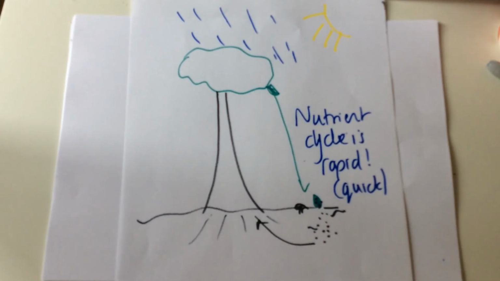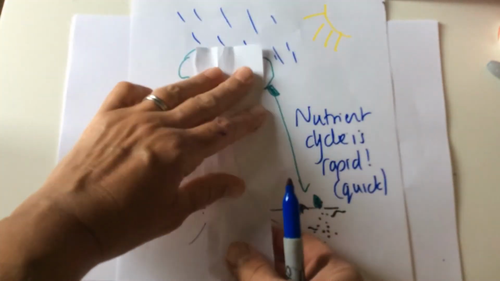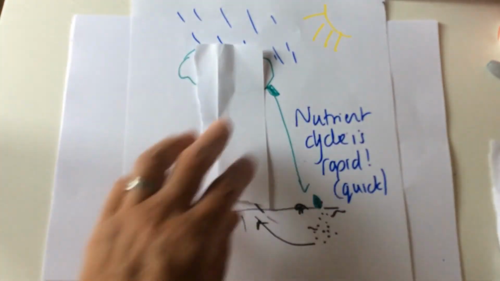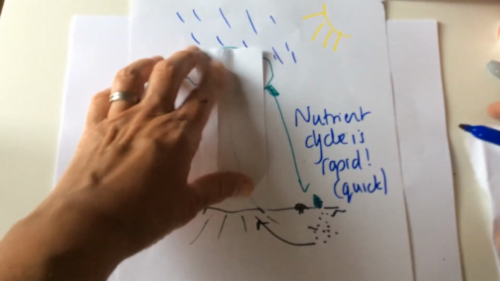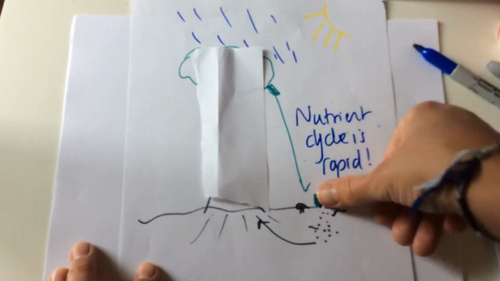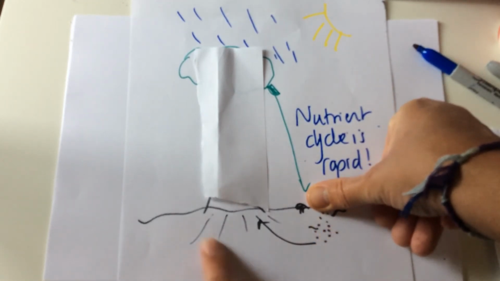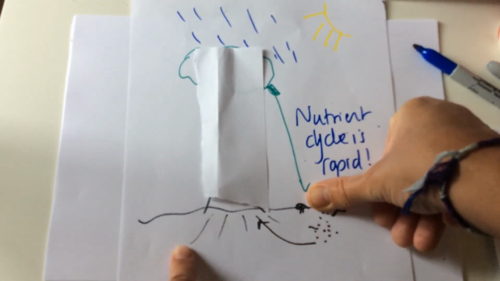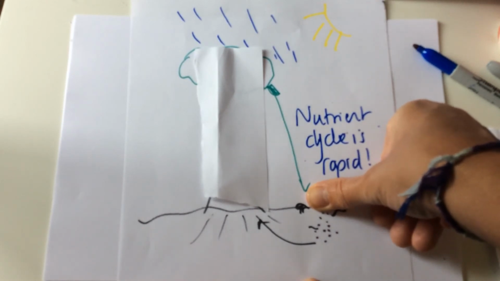What happens if we take away the tree in this situation? If we take away that tree, there's no leaves falling on the soil. So that doesn't happen. And what's going to happen to the amount of nutrients in the soil? Will it go up or will it go down?